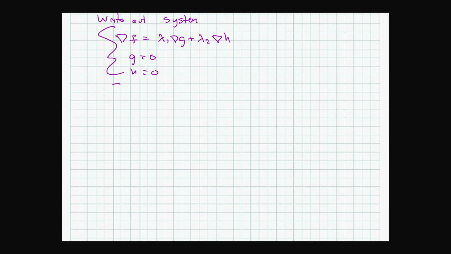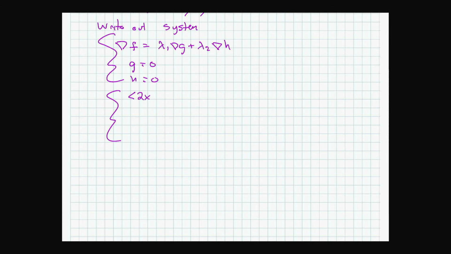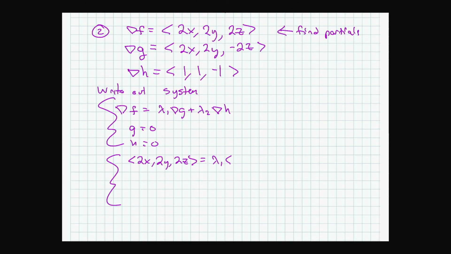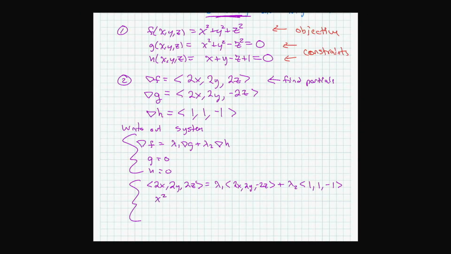For us, the gradient of f is 2x, 2y, 2z, equals lambda 1 times gradient g, which is 2x, 2y, negative 2z, plus lambda 2 times the other gradient, which is 1, 1, minus 1. Your other constraints are x squared plus y squared minus z squared equals 0, that's g, and then x plus y minus z plus 1 equals 0.